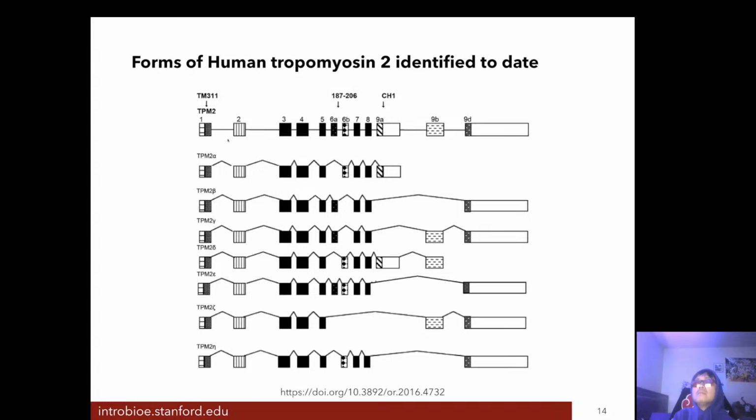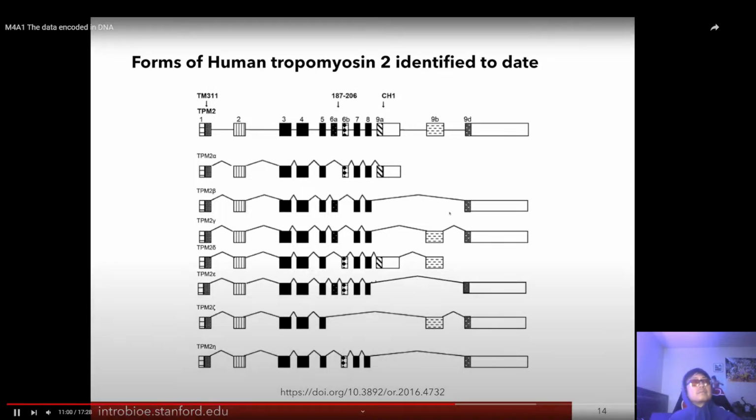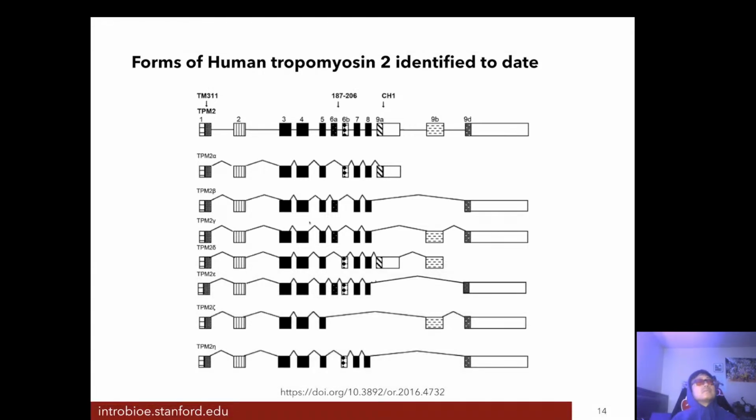And you can see that if this is the full length gene with all of the introns shown as flat lines and the exons shown as boxes, you can see that there are several different splice forms that get made within the human body. So this one segment of DNA, although it looks like it's only encoding for one protein, is actually encoding, in this case, for at least 5 or 6 different types of protein. So I think that's interesting.